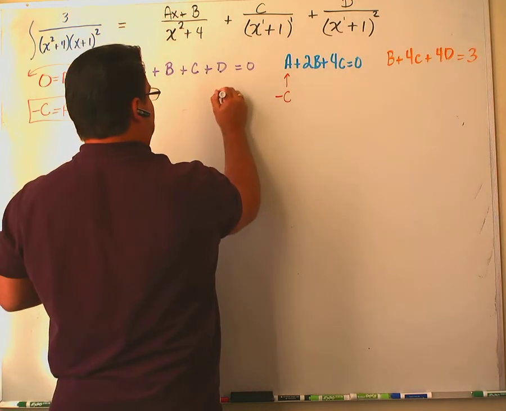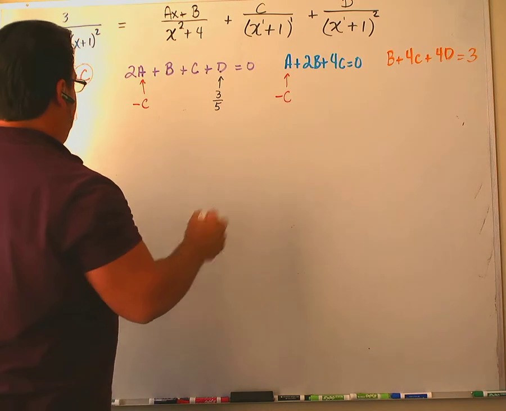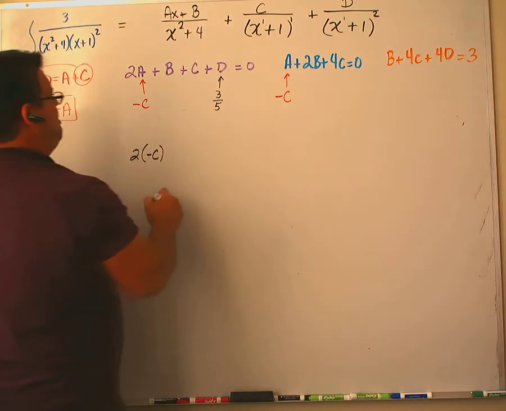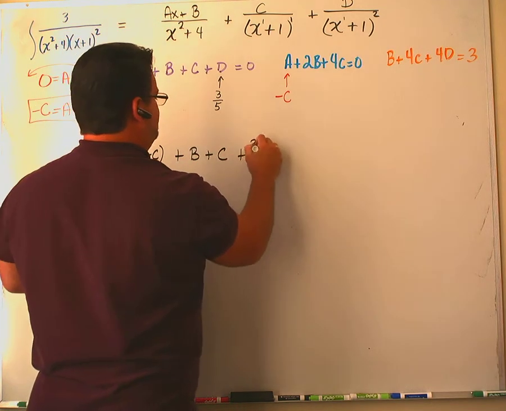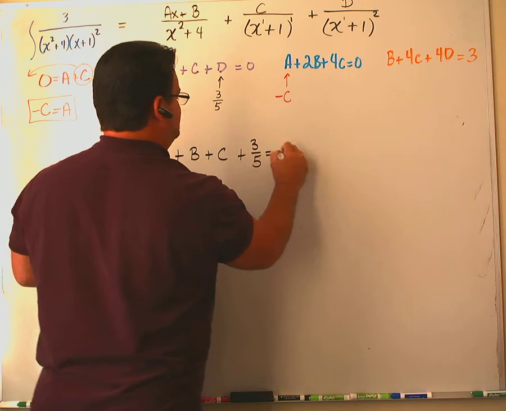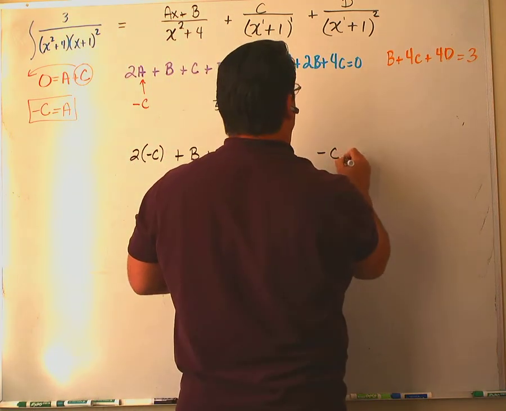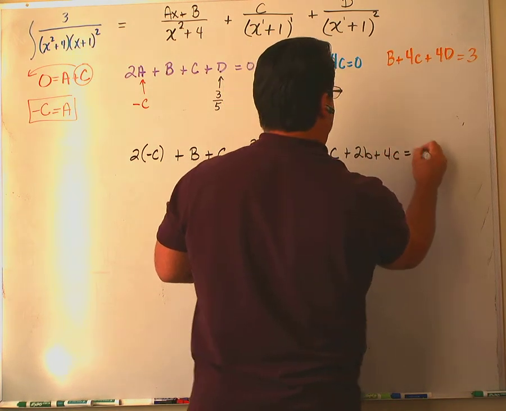So 3/5 will go in here. So here we go: 2 times negative C plus B plus C plus 3/5 is equal to 0. And over here, negative C plus 2B plus 4C is equal to 0.